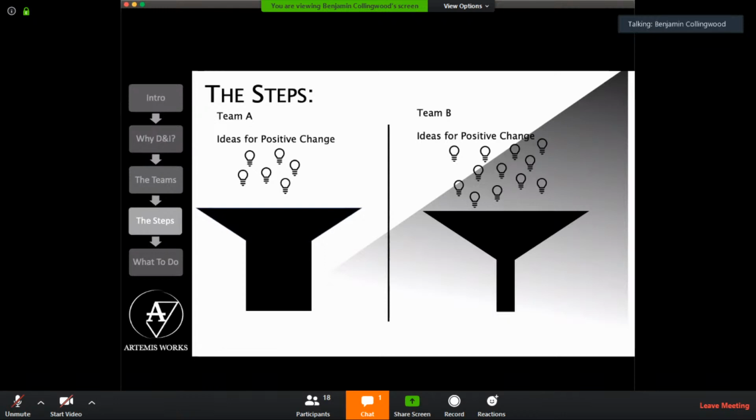The ideas within Team A on the left pretty much all go through. You've got someone who encourages them to push them forward, to solve problems, and they all get through. However, in Team B, very little gets through. You've got a team which is actively being discouraged from sharing their thoughts, their ideas, and their feelings.